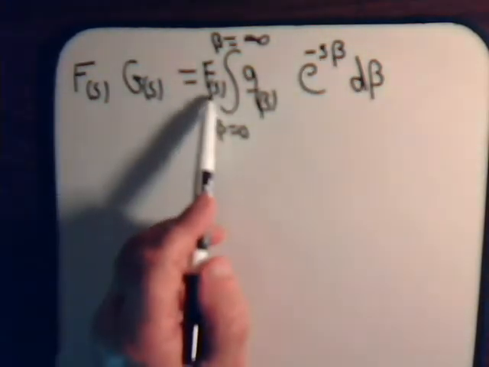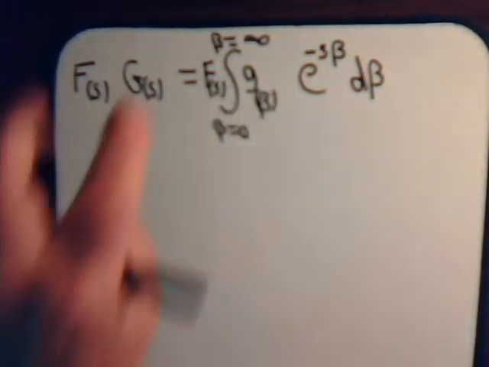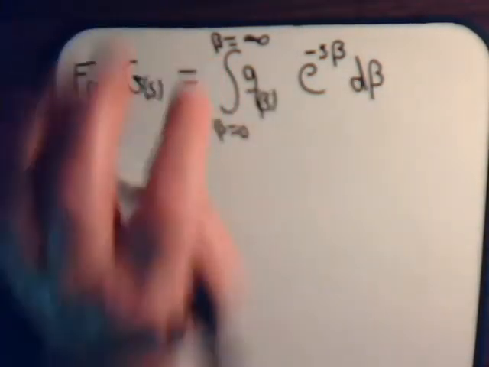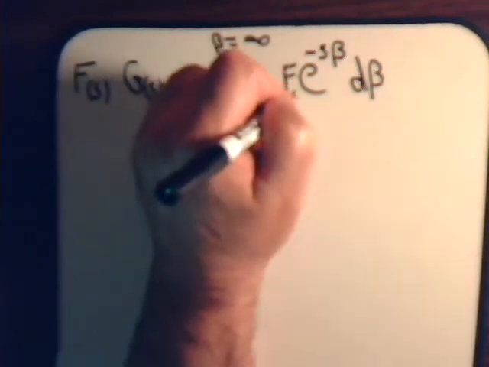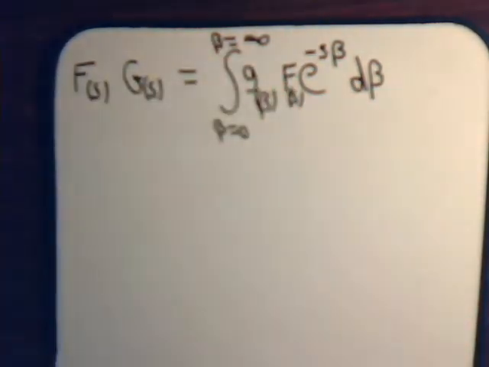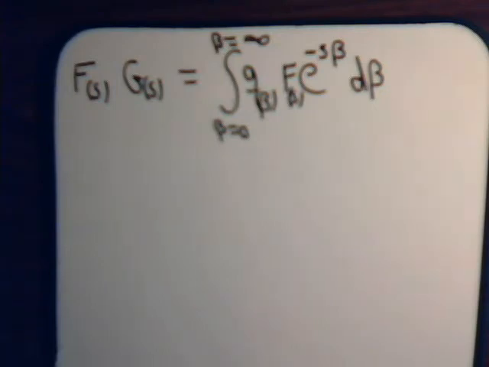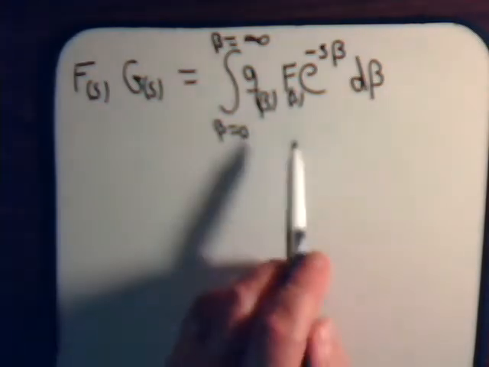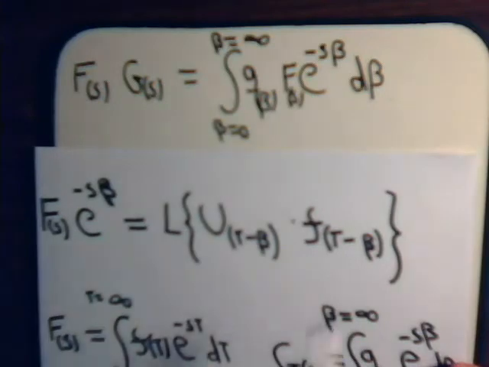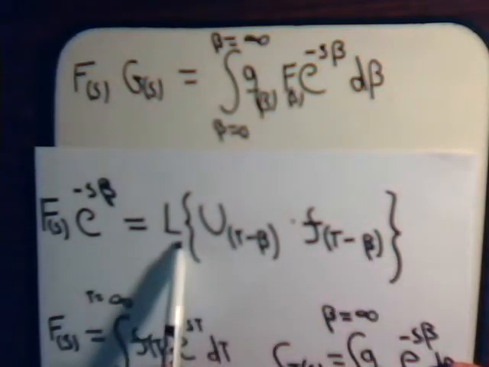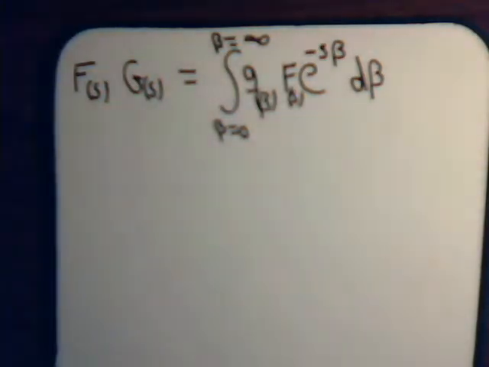So if we want, we can take this inside of the integral, like this. Now, we want to recall, here we have F of s e to the minus s beta. But that's equal to this expression. So let's write that out.